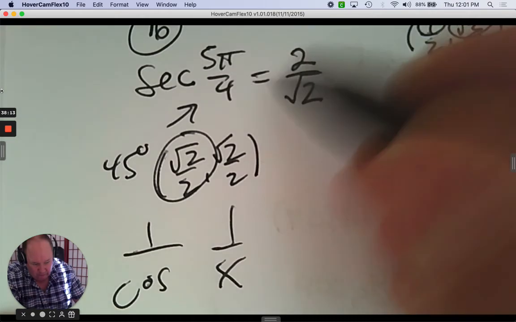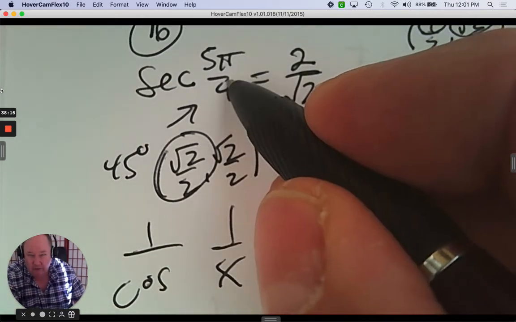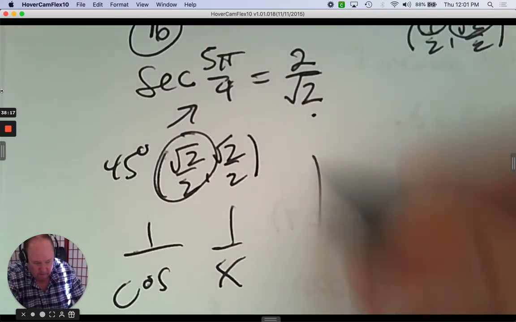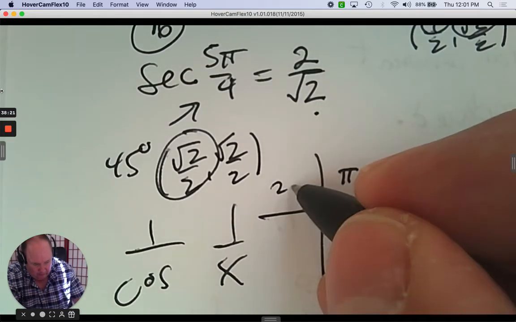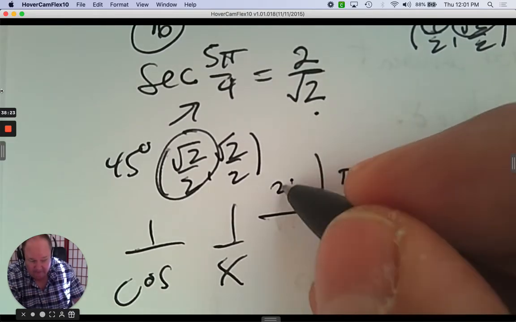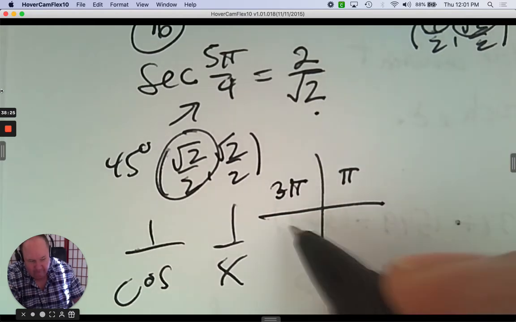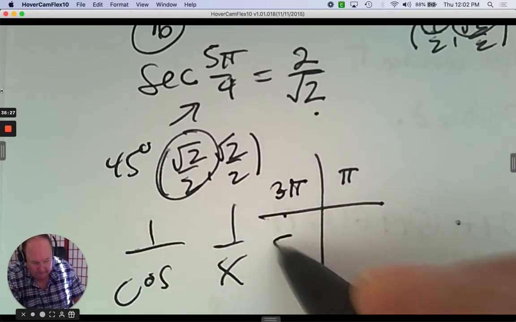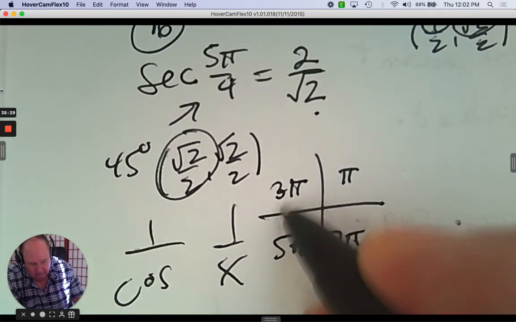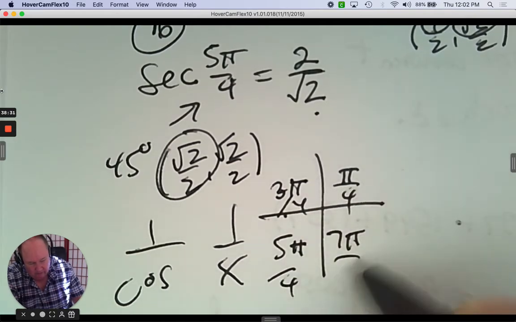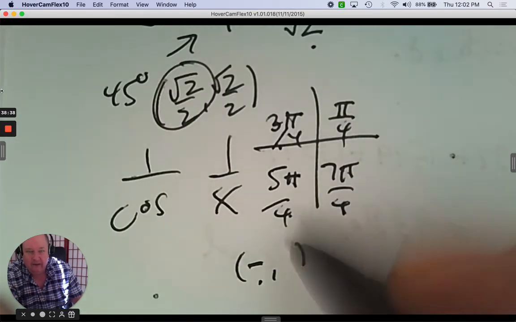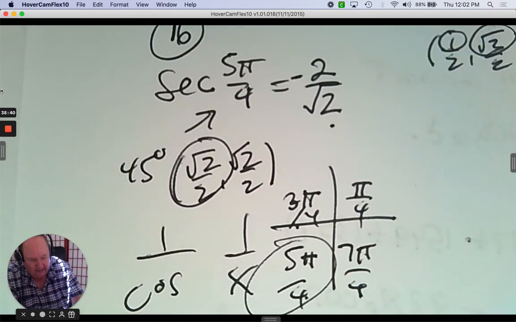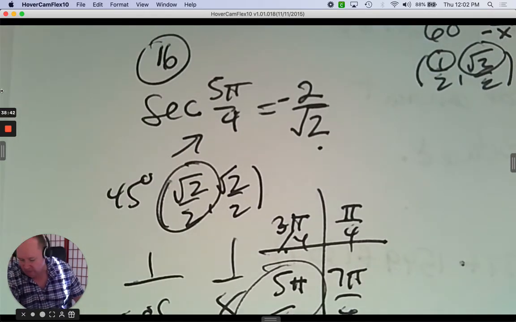What quadrant are we in for 5 pi over 4? In that quadrant, the x coordinate is negative. So this is -2 over √2.